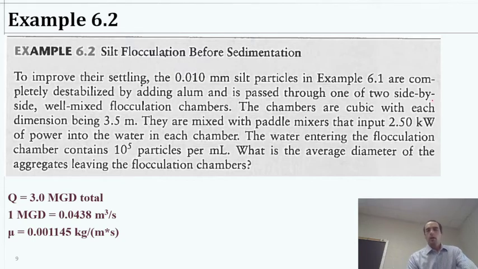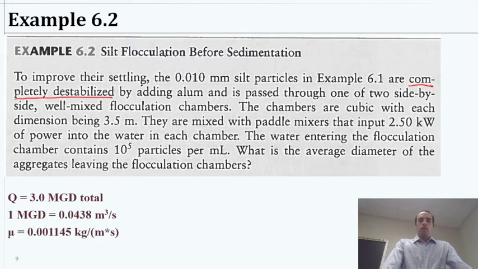So as we're reading through the prompt, we already recognize there's an assumption being given to us. And we did that by adding alum, which is a coagulant. Then we pass it through one of two side-by-side well-mixed flocculation chambers. Okay, so when I read that, I'm thinking I should draw this up so that I have a mental picture of what's happening here.